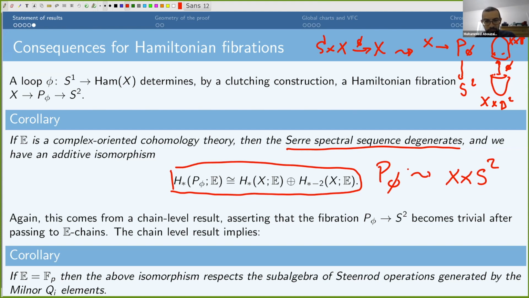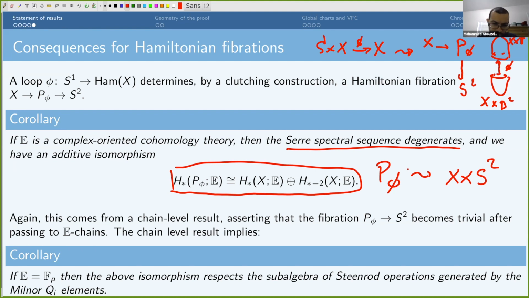There's no map between them. But if you pass to the chains of their cobordism theories, which roughly speaking means multiplying them with these spaces En that I said give you the correct notion of chains in the context of generalized cohomology theories, then they become equivalent. And this result has non-trivial content.